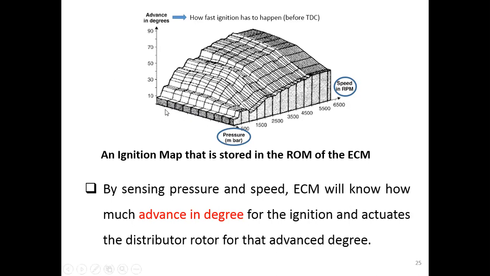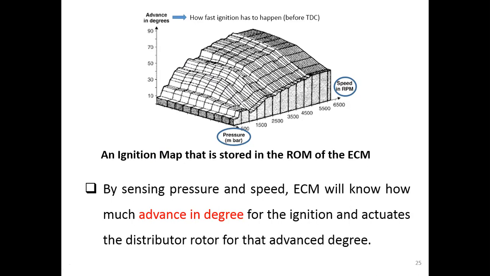So it depends on the pressure inside the cylinder and also the engine speed. If this ECM knows the pressure in the cylinders and the engine speed, then from this ignition map they will know how much advance they have to perform for the ignition.